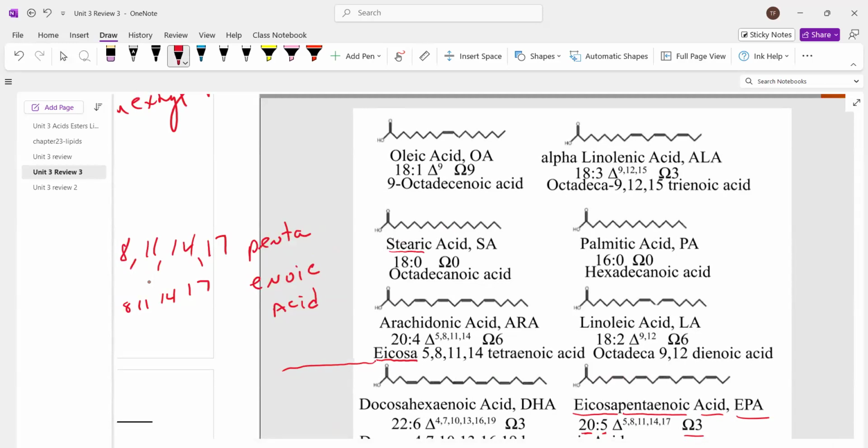It has no double bonds, which is omega 0. Octadecanoic acid is the IUPAC name. And because it has no double bonds, there's no cis or trans. And the delta is going to be 18, 0. And you can put a delta with a 0 in there if you want, or leave it off, that's fine.